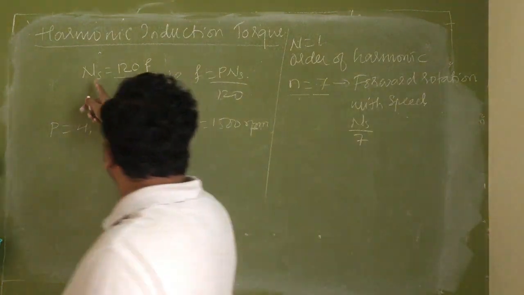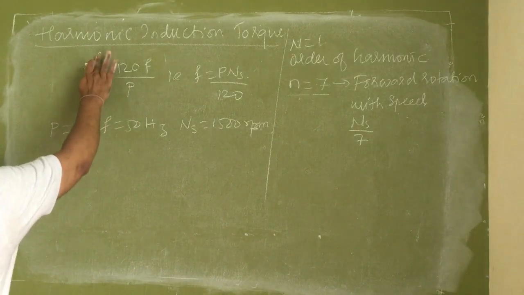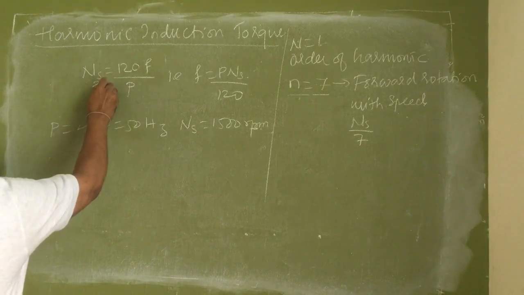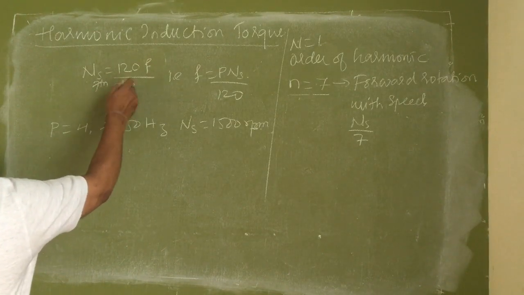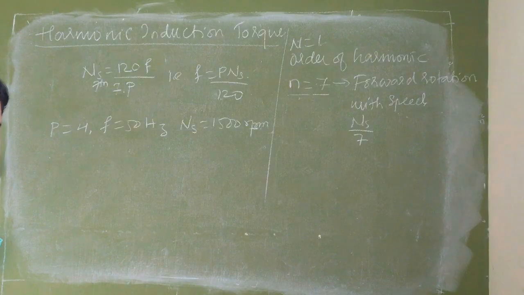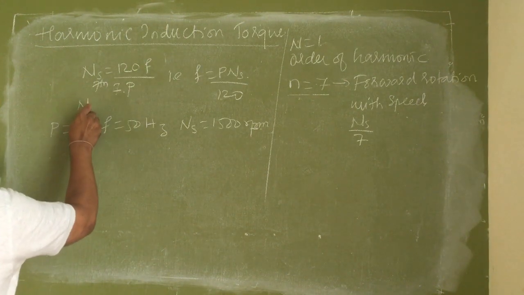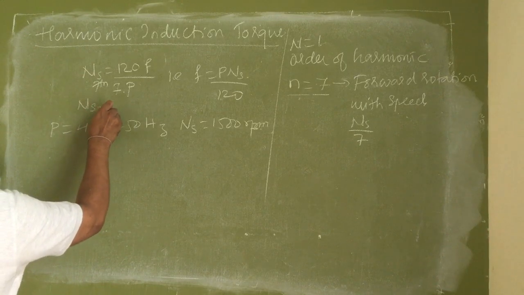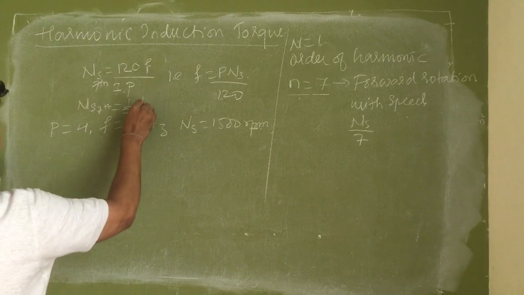So ns equal to 120 f upon p. Now let us take ns dash for the 7th harmonic. It will be 7 times the number of poles. So this ns 7th harmonic is equal to 1 over 7 into 120 f upon p, which is ns by 7.